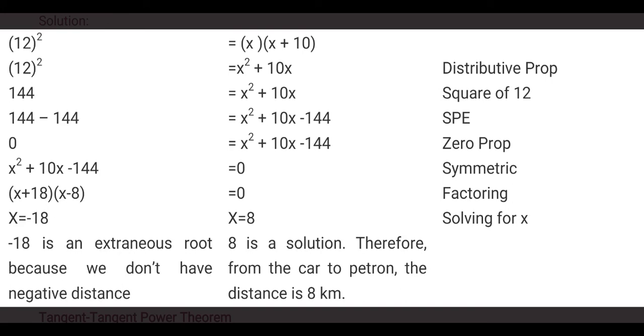The factors are x plus 18 and x minus 8. Solving for the roots, you'll have two answers: x is equal to negative 18 and x is equal to 8. Negative 18 is an extraneous root because we don't have negative distance. On the other hand, 8 is a solution. Therefore, the distance from your car to Petron is 8 kilometers.